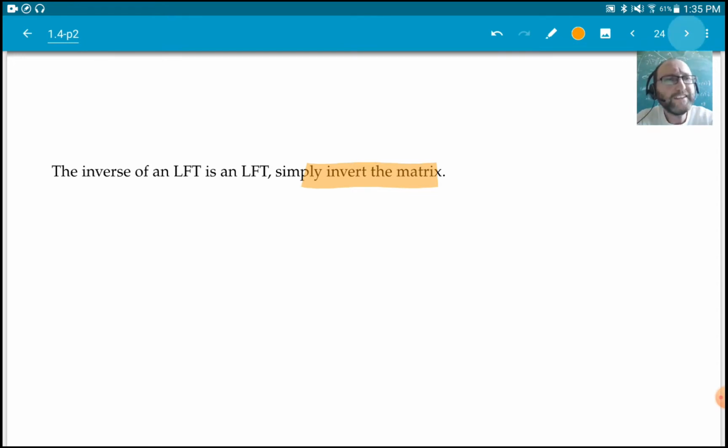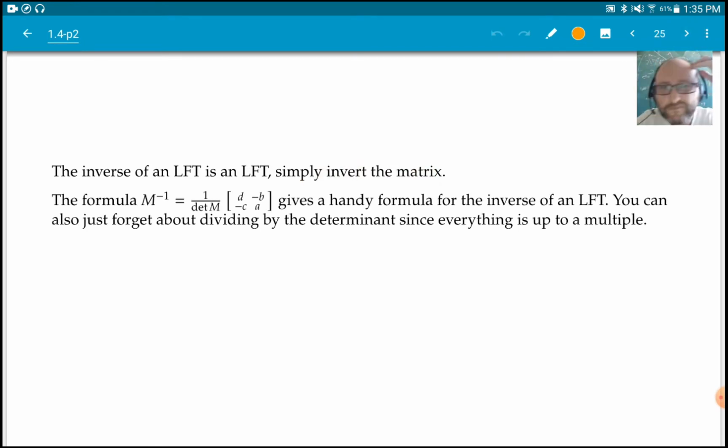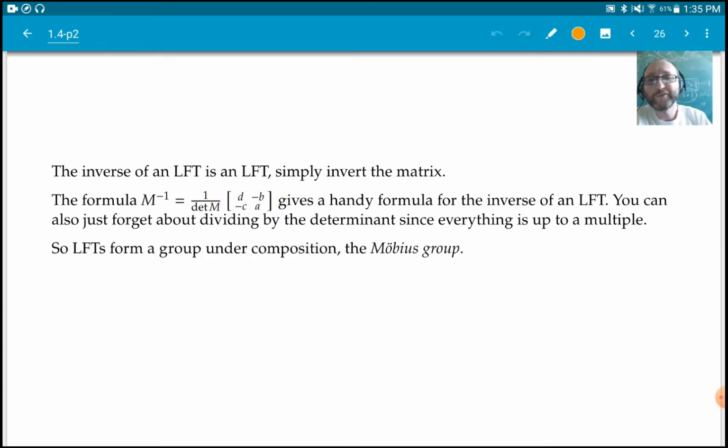So we definitely get that, right, over here. That's the inverse. So it gives you immediately that LFTs are invertible and their inverses are, well, we knew that they're bijective, but their inverses are actually LFTs, right? So therefore, this is a group, sometimes called the Mobius group.